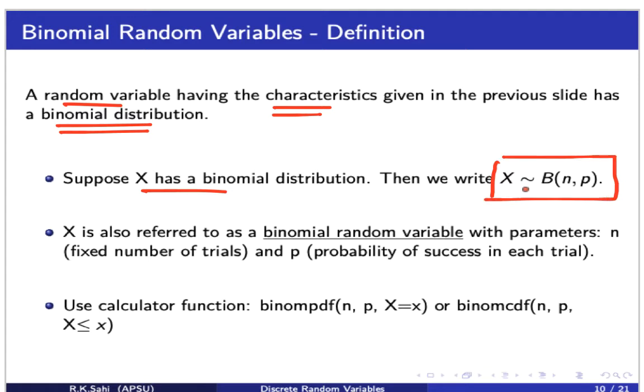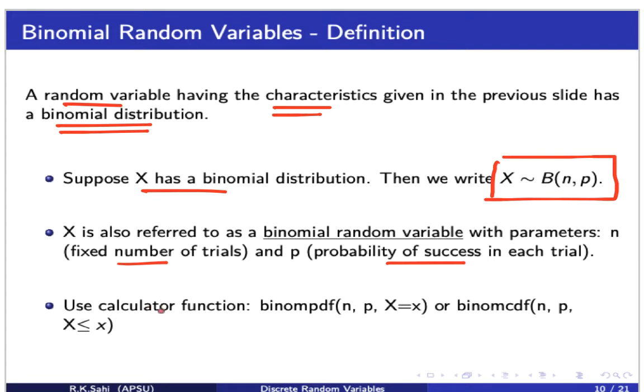We write x, then a tilde, then B, where the capital B represents binomial, and the two parameters: n represents the number of fixed trials, and the small p represents the probability of success in each trial. So every time you have a probability distribution which is binomial, it will always be represented by two parameters. One is n, the number of trials, and the other is the probability of success on every trial.